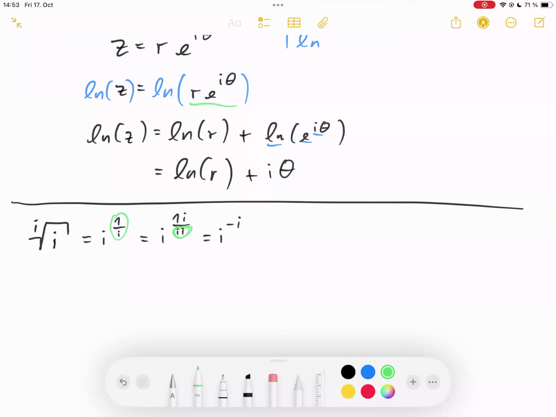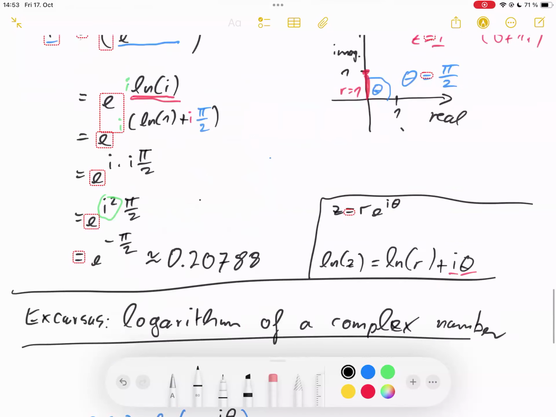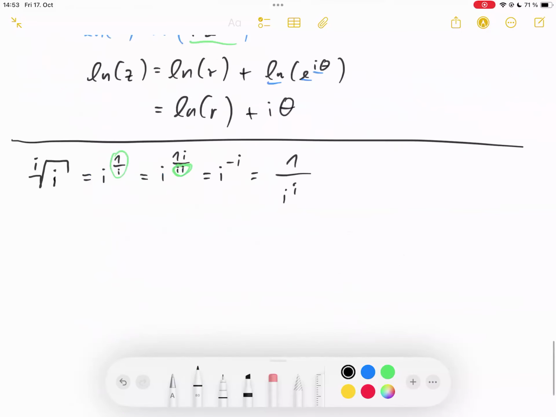So this is i to the power of minus i, which then becomes 1 divided by i to the power of i. And i to the power of i, we have just calculated before.